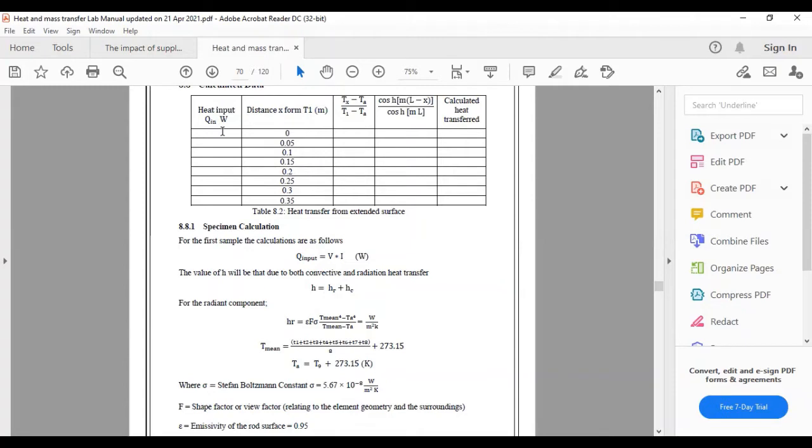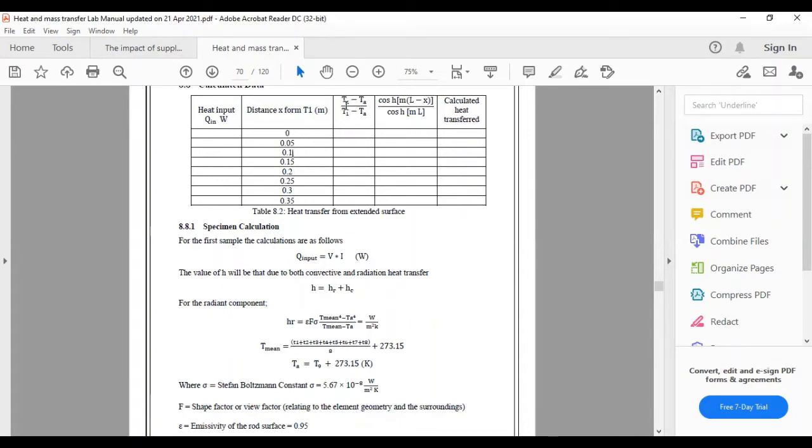So for the first set of observations, this is the column. This is the distance of all of these sensors from T1. For example, T1 is at 0 distance, T2 is at 0.05 meter, T3 is at 0.1, and so on. These are all the distances of different sensors from T1.